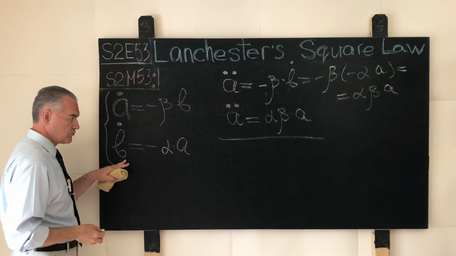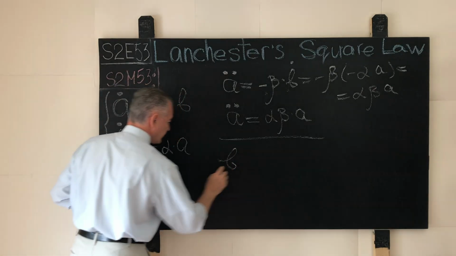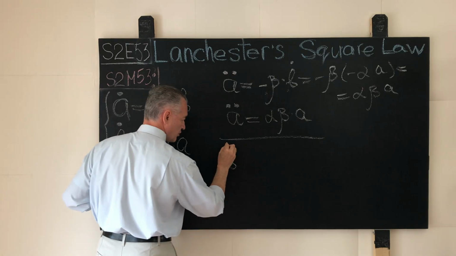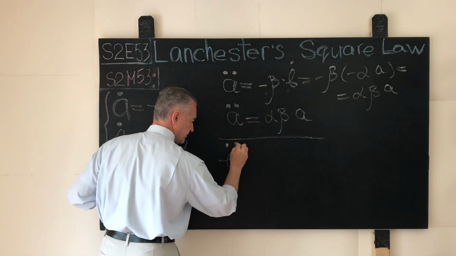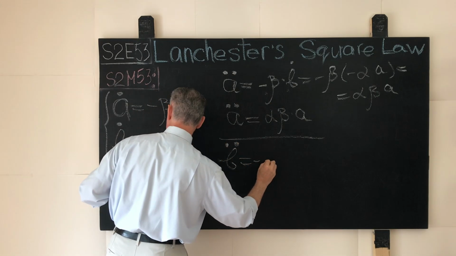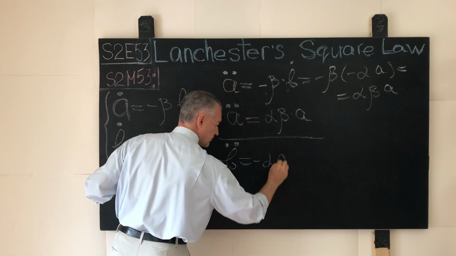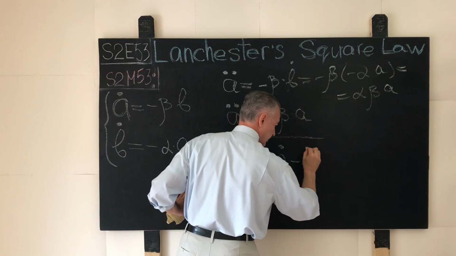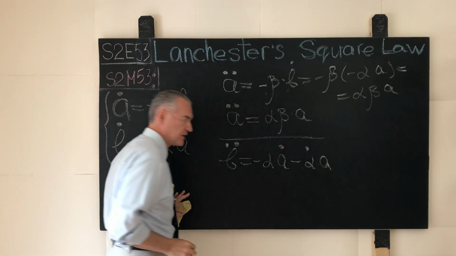We do the same thing over here. Differentiate both sides of this equation with respect to time once. So the first derivative of the first derivative is the second derivative. This is minus alpha times a first derivative. Technically, it should be minus alpha dot times a. You see?